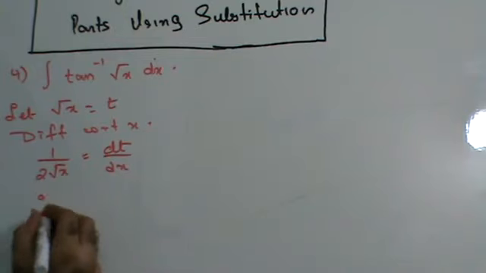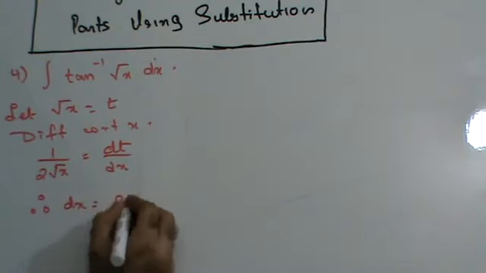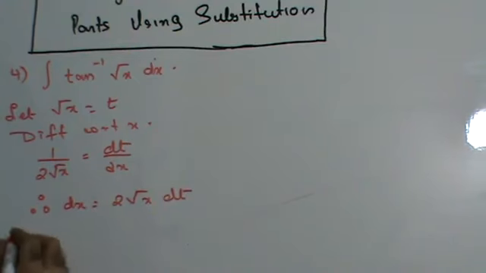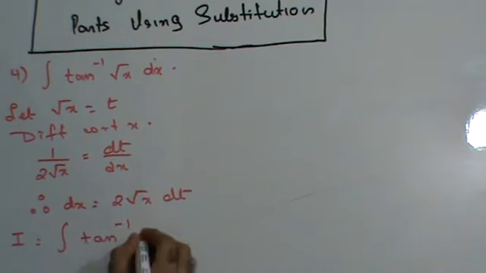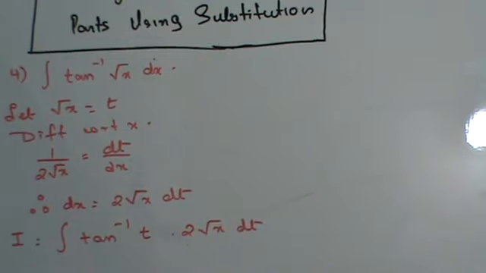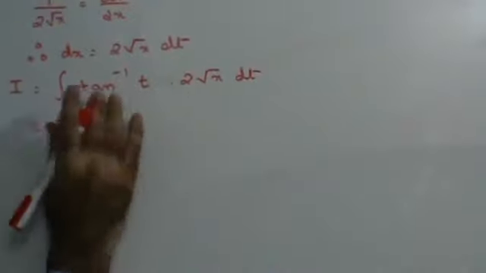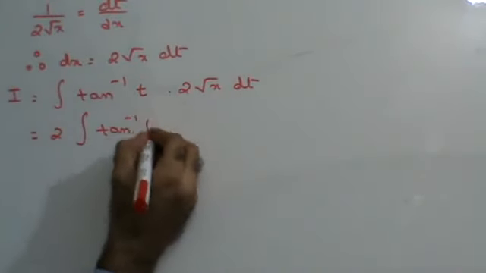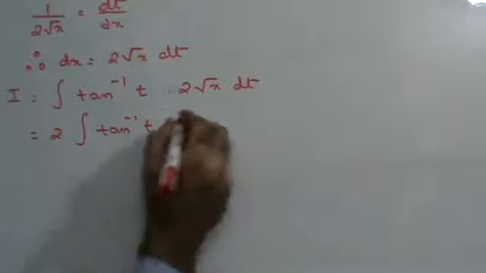In which case you will get dx is 2 root x dt. I is the integral of tan inverse root x, which can be written as t, and dx can be written as 2 root x dt. 2 comes out. This is nothing but the integral of tan inverse of t, and root x can be written as t, dt.